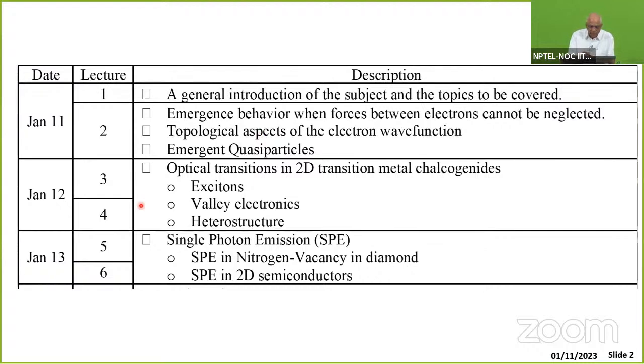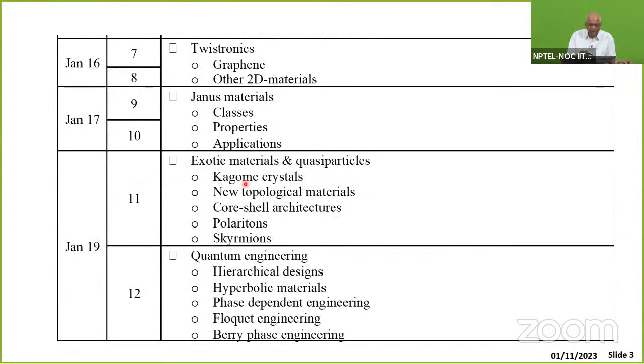Then day 2 will be the select topics. We'll talk about optical transitions, single photon emission, which is very important today for quantum materials, the new field of twistronics, then Janus materials, and some very exotic materials and quasi-particles.